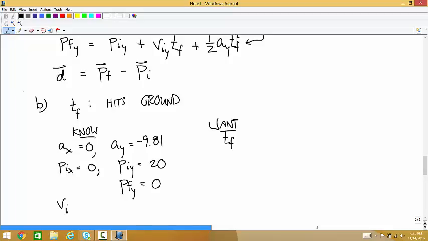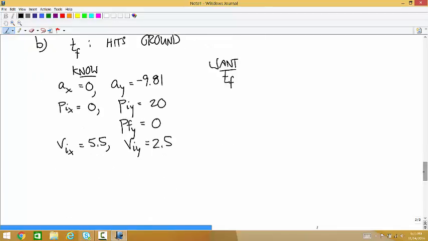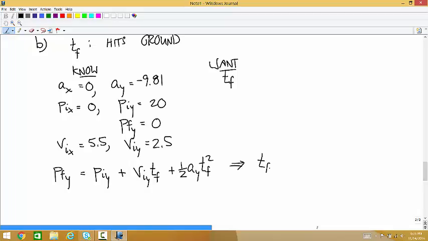The velocity is the same, the initial velocity, it's what's given: 5.5 for the x component, 2.5 for the y component. And that's all we need. So PFY is equal to PIY plus VIYTF plus 1/2 AY TF squared. Solve that for TF. And then plug that into the x equation.